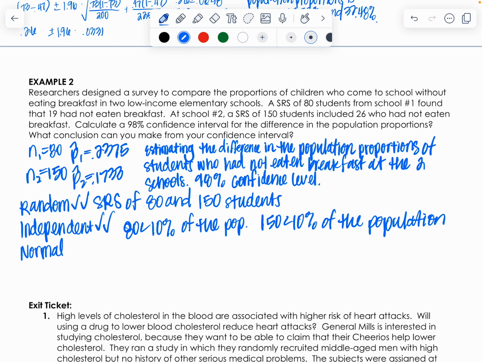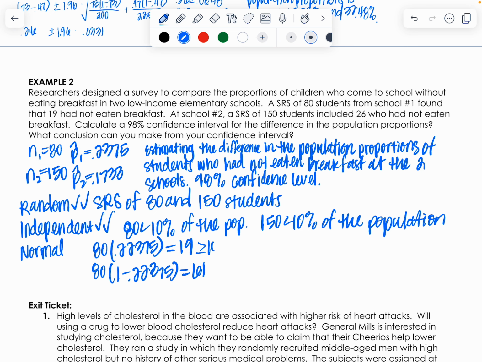Remember, to show normal, we do n times p and n times 1 minus p for both. Now, because it gives us these numbers, we already know that this will be 19. And so the difference between that and 80 would be 61.